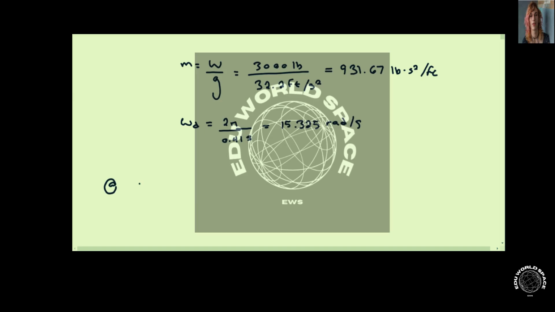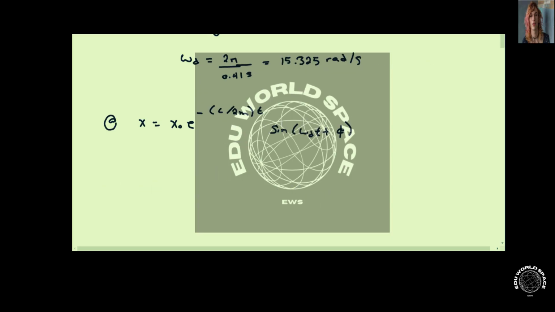So for A, we have x equals x naught e to the minus c over 2m times t, times sine of omega d t plus phi. And this right here is proof why you should write your t's and your pluses a tad bit different from each other.